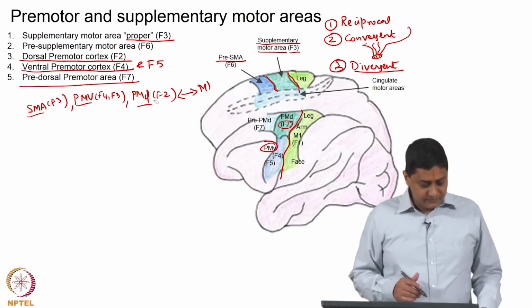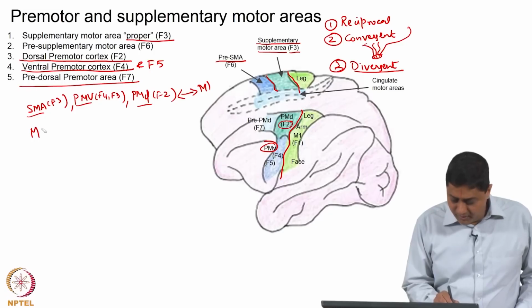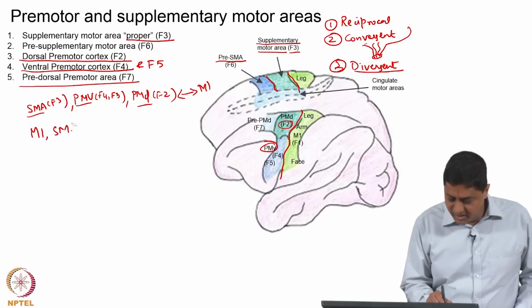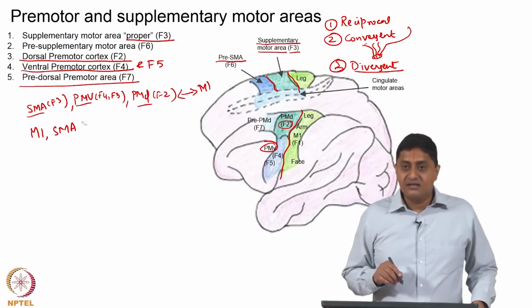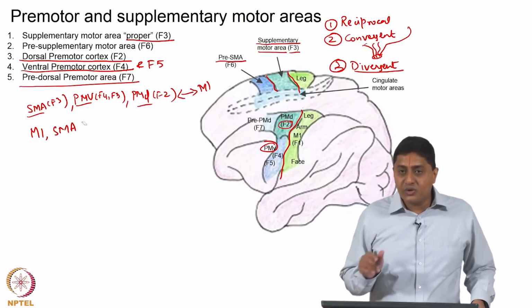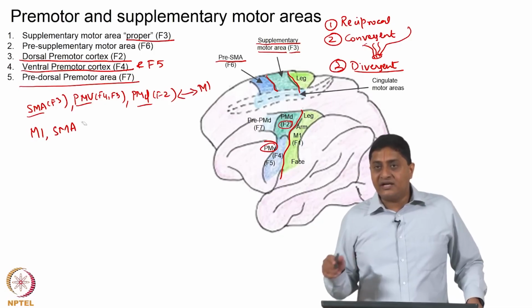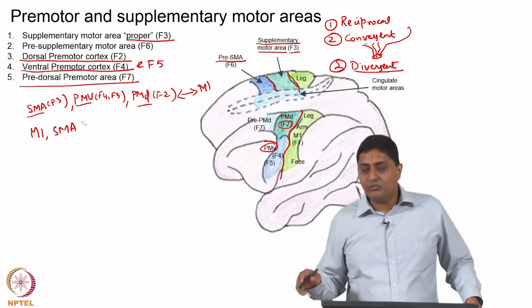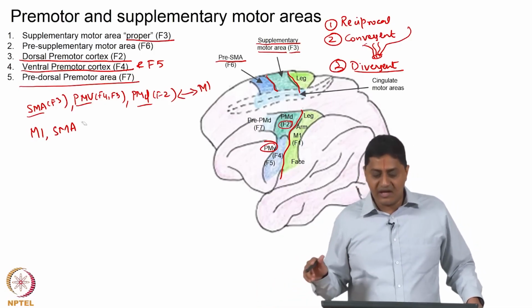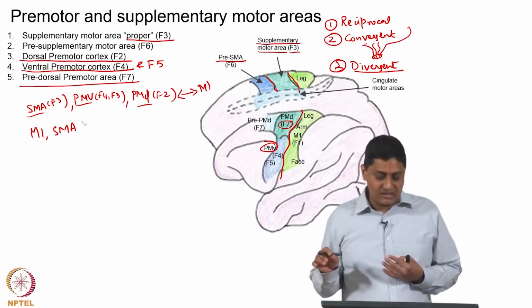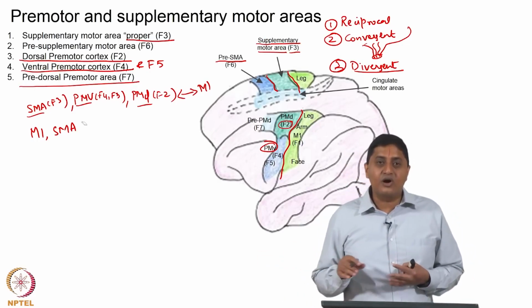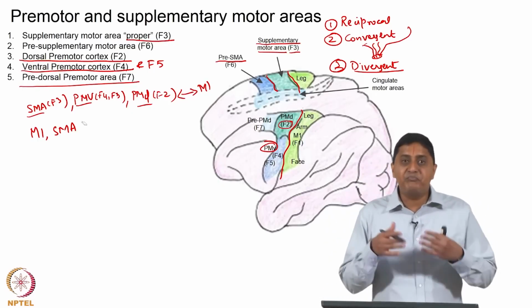And also M1 and the supplementary motor area are different from the other areas in the sense that they have neurons that could activate the lower motor neurons. They have neurons that could activate motor neurons in the spinal cord. So, this is also called the corticomotor neurons or the upper motor neurons.